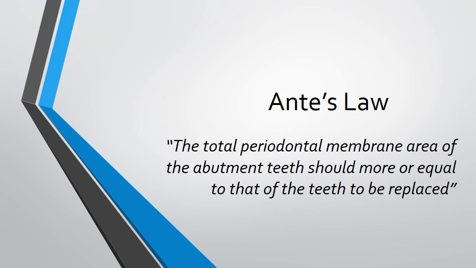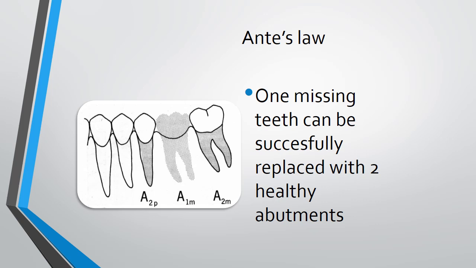According to Ante's law, the total periodontal membrane area of the abutment teeth should be more than or at least equal to that of the teeth to be replaced. This is considered in so many ways. This is one of the primary criteria for the selection of the abutment teeth. Accordingly, one missing tooth can be successfully replaced with two healthy abutments.